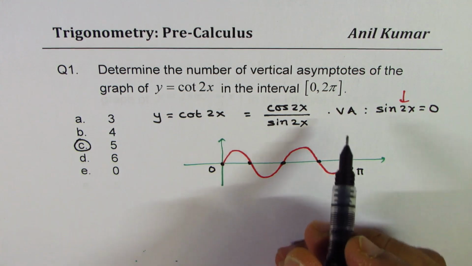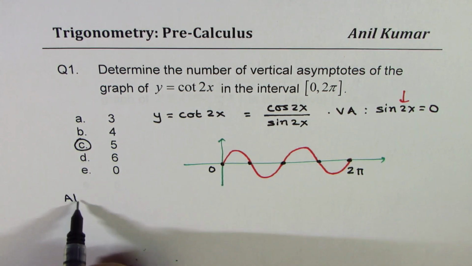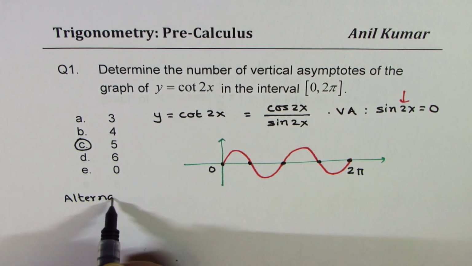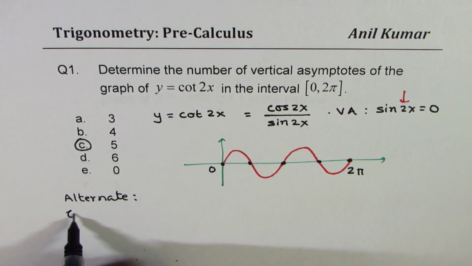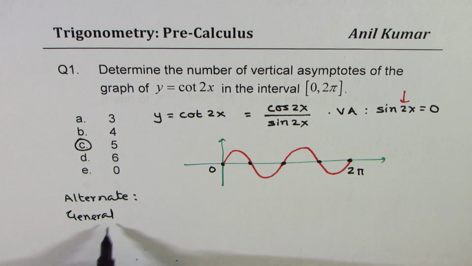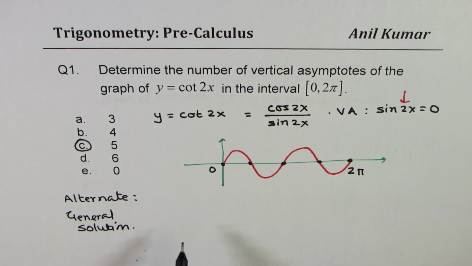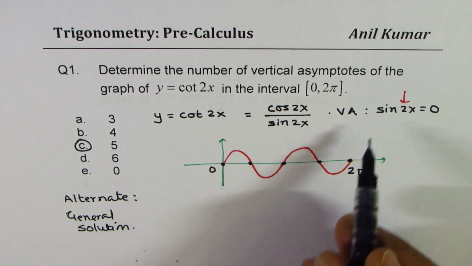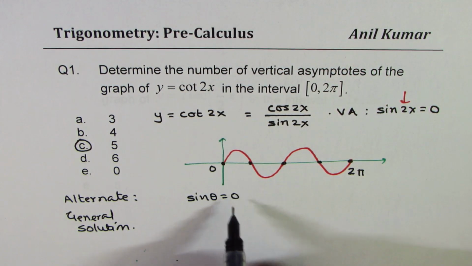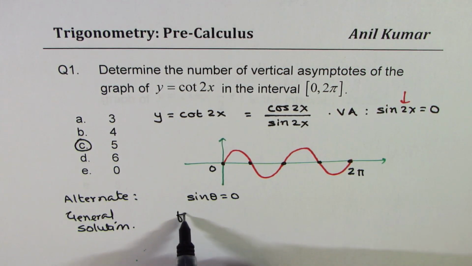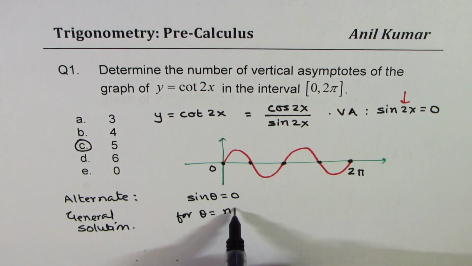Okay. Now the other approach, which I call the alternate approach, takes time, but it is a general solution. We know that sine theta is equal to 0 for theta equals n pi, correct?